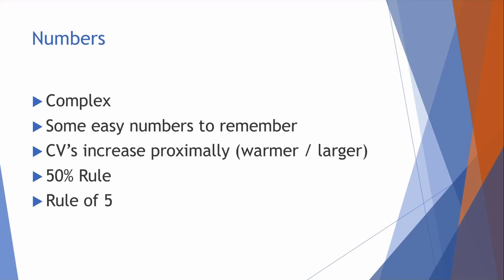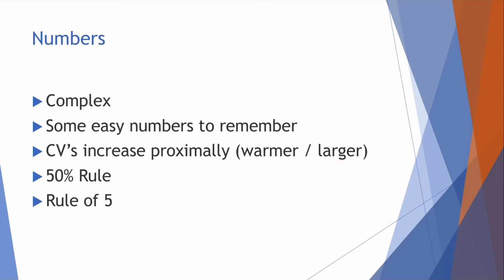Another couple of things to point out are that the conduction velocities of the nerve segments tend to increase in speed as one moves more proximally. A couple of reasons for that: the nerves become warmer, and they're also larger in diameter, so the conduction speeds go up. And then there's a 50% rule, which means that if one side is 50% less than the other, then that is likely to be an abnormality.